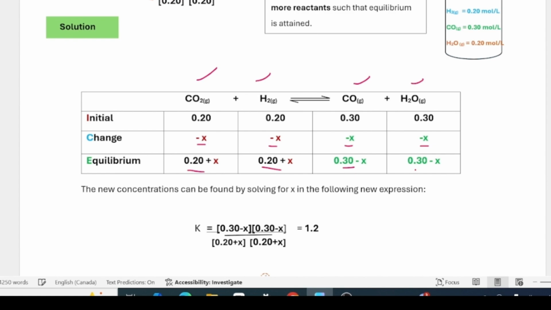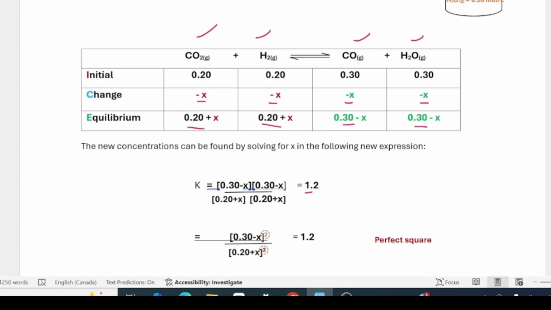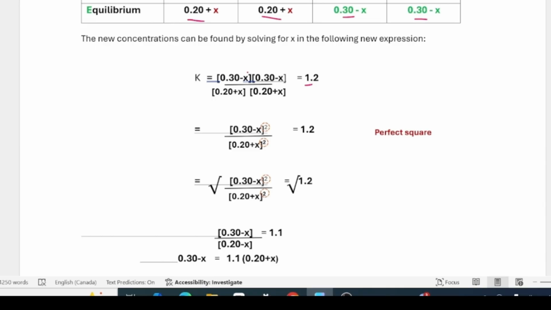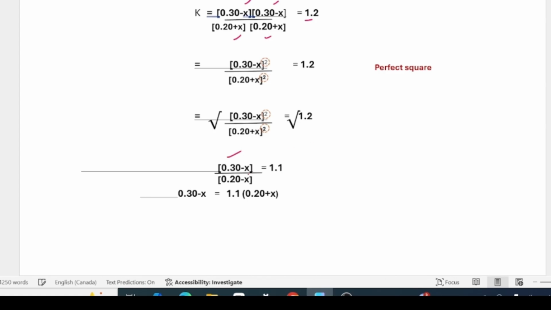Now when we put these into the K expression, it's like this. Again, it's going to be a perfect square because these two are identical. That's identical, that's identical. We raise that value to the exponent 2, that to the exponent 2. Take the root of that, and we end up with that over that is equal to this.